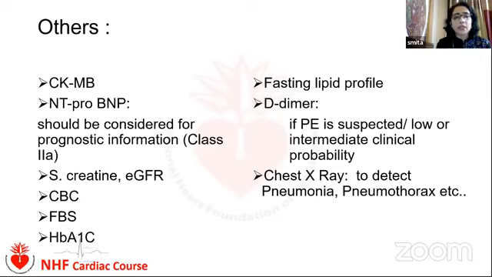These two investigations have some prognostic information and are a class 2A recommendation. Complete blood count, fasting sugar, HbA1c and lipid profile need to be carried out. In any patient suspected of pulmonary embolism, D-dimer can be carried out, and chest X-ray can give us some information to rule out the other differentials.